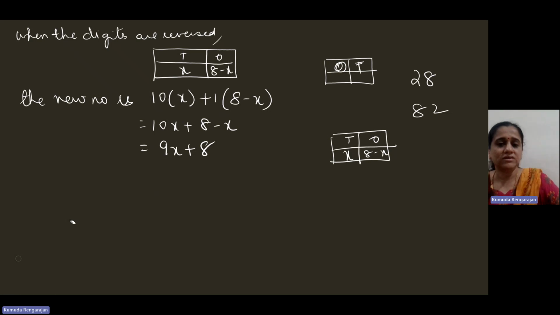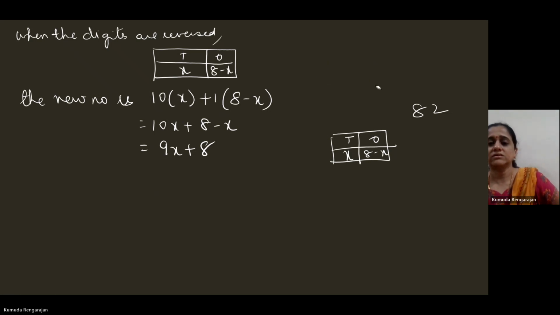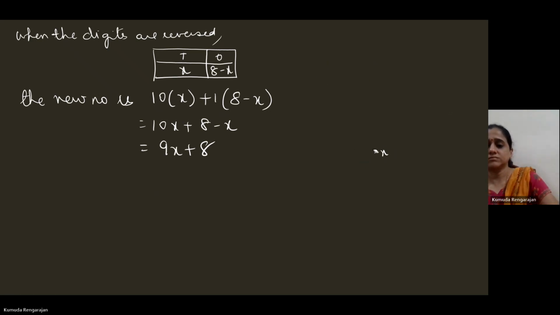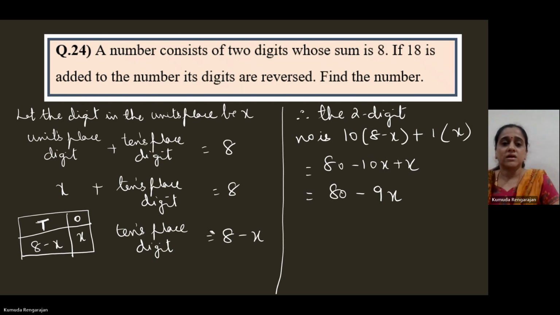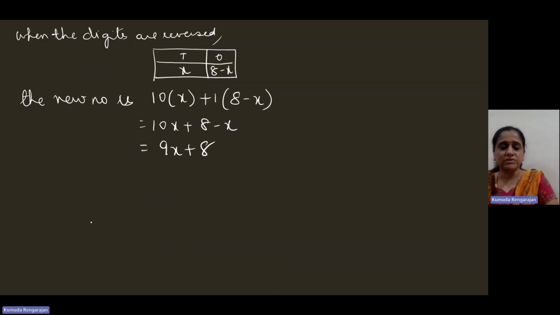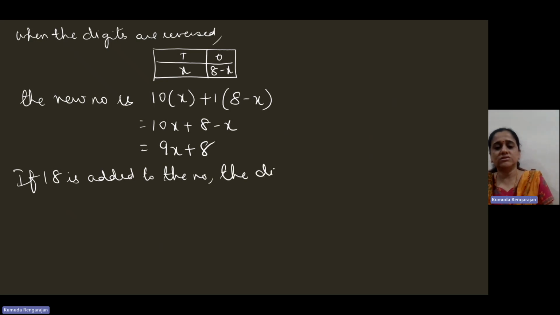Now in the question, if 18 is added to the number, the digits are reversed. Let me write that. If 18 is added to the number, the digits are reversed.